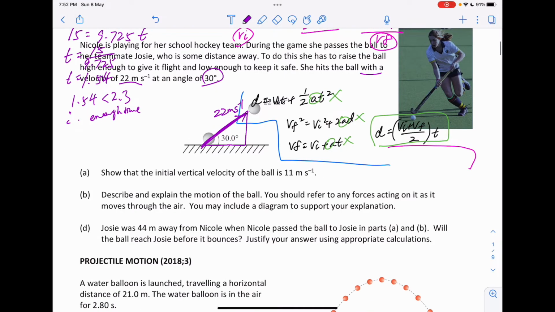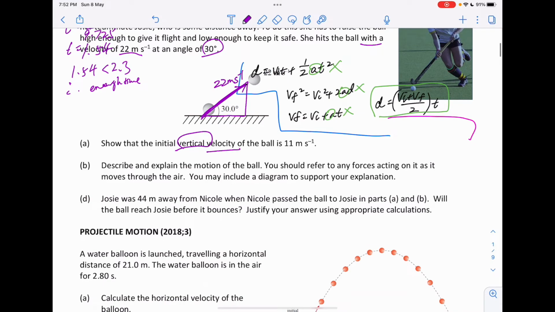So we're looking for the initial vertical velocity here. This is a triangle technically, so we're going to use SOHCAHTOA, trigonometry. 30 degrees here, 22 meters per second, and the vertical velocity is what we're looking for. That's opposite, that's adjacent, and that's hypotenuse. So we have opposite and hypotenuse, which means we're going to use sine.